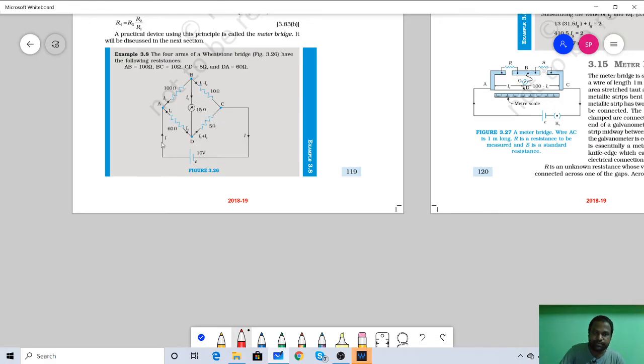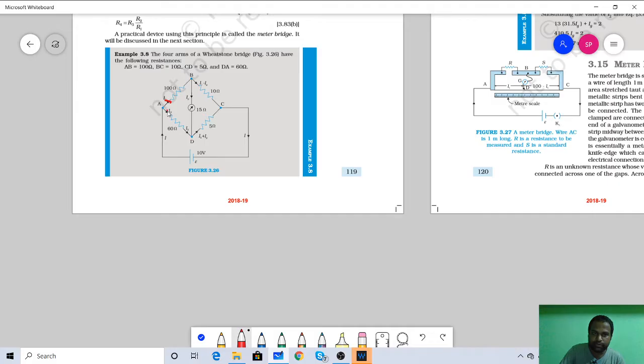Now you see the current I is flowing in the main circuit, which comes up to A, and here you can see there is a junction at A. At this junction the output currents, let's say, will be I1 and I2.